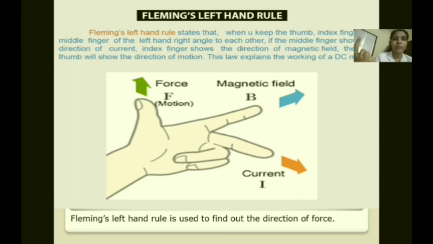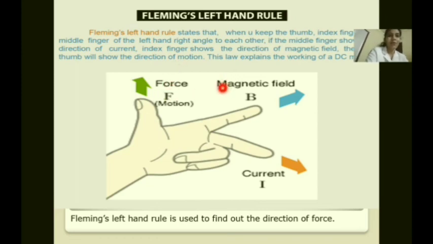And to remember this rule, I will give you a tip: father, mother, child. Why? Father, F for force.